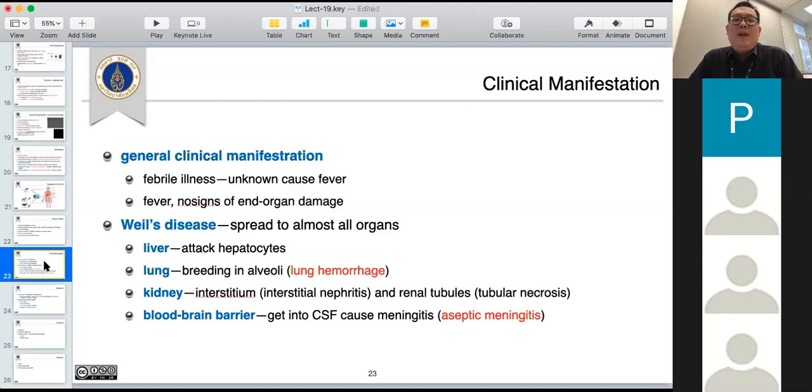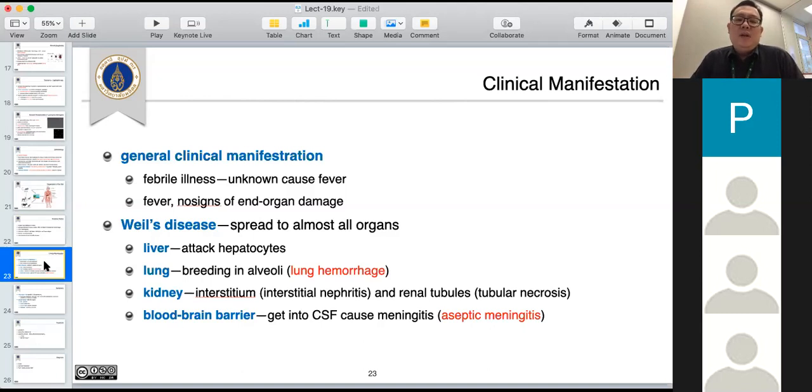But if it goes to the late stage, the second or severe stage, we probably call it Weil's disease. So if you read a textbook and you see Weil's disease, leptospirosis, that's the same disease. If it attacks the liver, you probably get hepatitis.